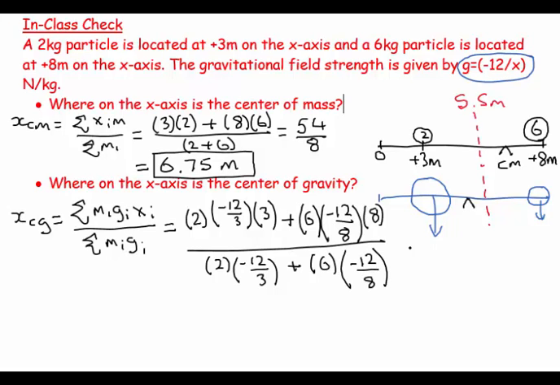It's just numbers. Let's work this out. X center of gravity is equal to, well, let's have a look. Those 3's are going to cancel, and those 8's are going to cancel. So that will help us a bit. So this would be 2 times minus 12 is minus 24. Added to 6 times minus 12, 6 12s are 72, so that's minus 72.